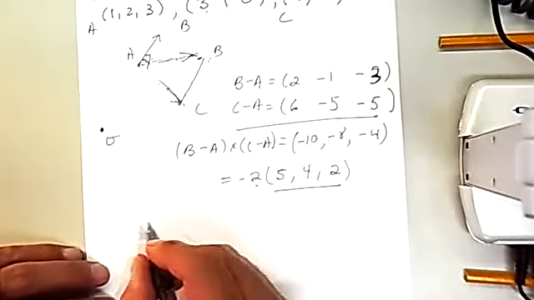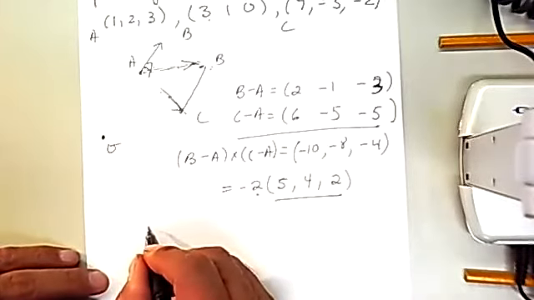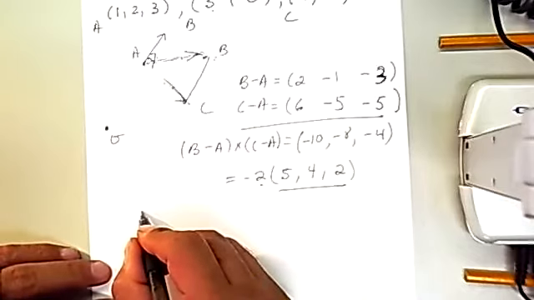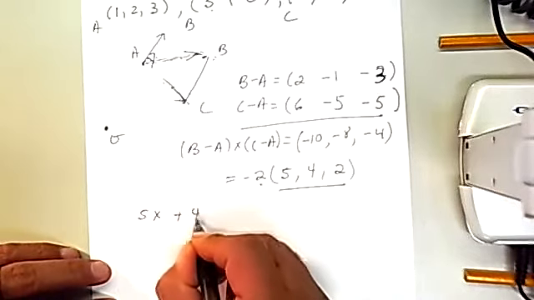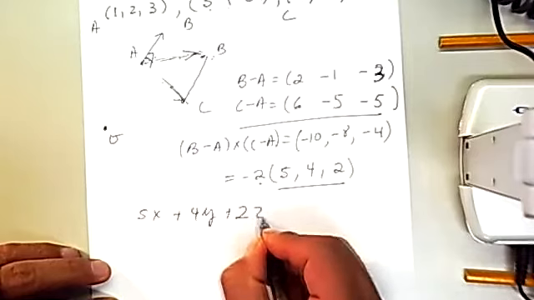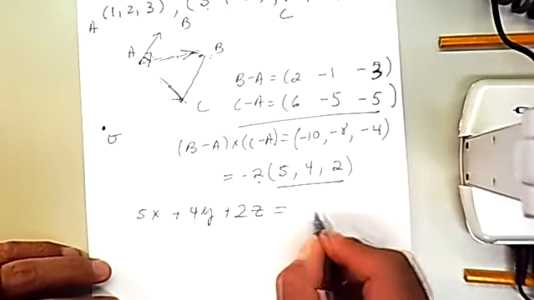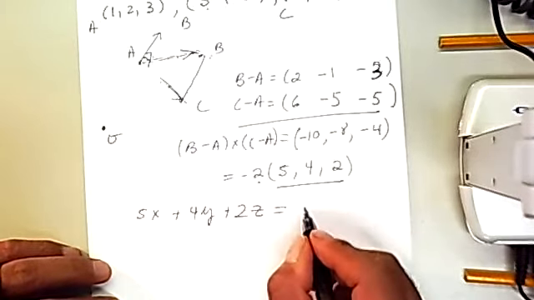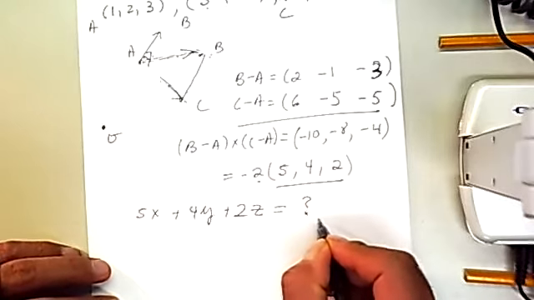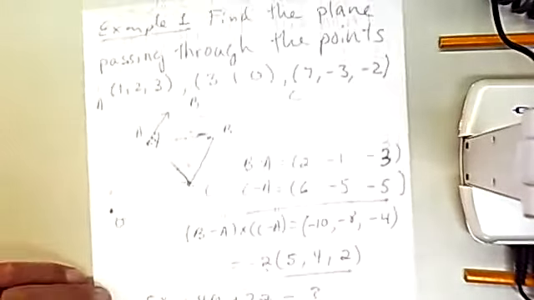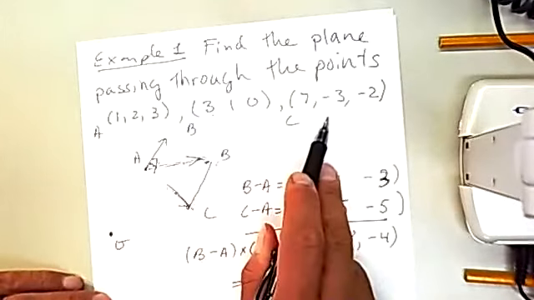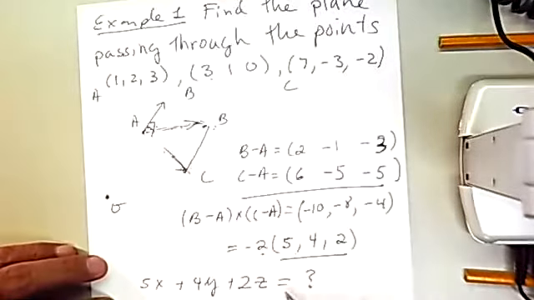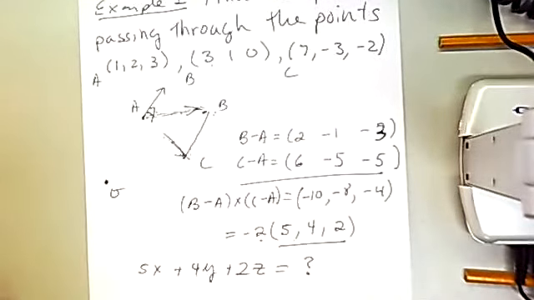So in order to obtain the equation, we have the coefficients 5x plus 4y plus 2z equals a constant. We don't know what the constant is. The way to figure out the constant, I'm going to put a question mark, is by plugging any of those 3 points in here, and that will give us the correct constant.